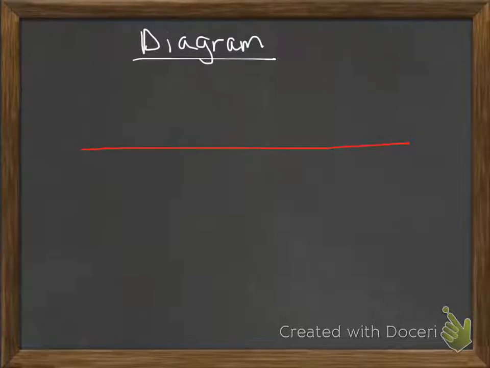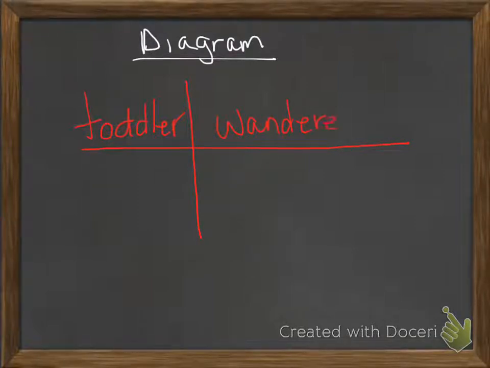A sentence always is split into two parts, so we're going to split our line into two parts. On the left is always our subject noun, which in this case we know is toddler, and our verb, which is wandered. We have no direct objects, so we're good to go with the main line.